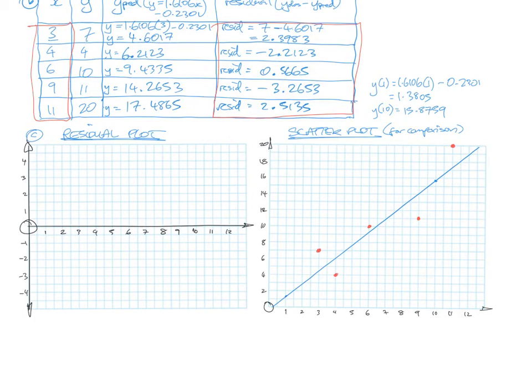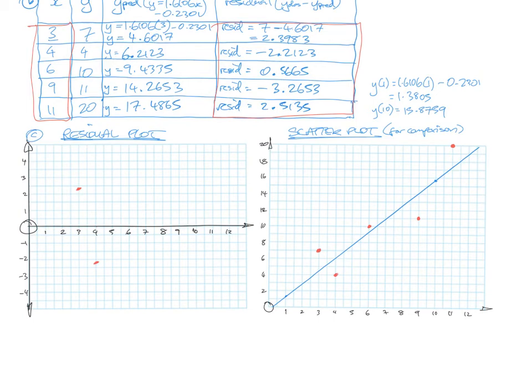Oh, that's in the wrong place. When x was 3, 2.3983, so somewhere there. My bad. When x was 4, the residual was negative 2.2123, so somewhere there. These aren't exact, it's just to illustrate.